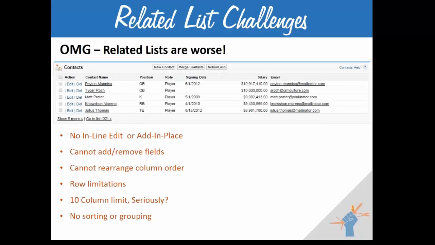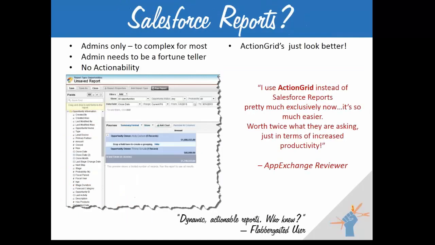Secondly, the related list experience is even a larger challenge because you can't even add your own fields, no sorting, no grouping, no editing in place, no adding in place, a 10-column limit, etc. And lastly, Salesforce reports can do a lot of this stuff, but they lack actionability. About the only thing you can do with the Salesforce report is export to Excel. So ActionGrid is a replacement for list views, related lists, and a fully functional report writer as well.